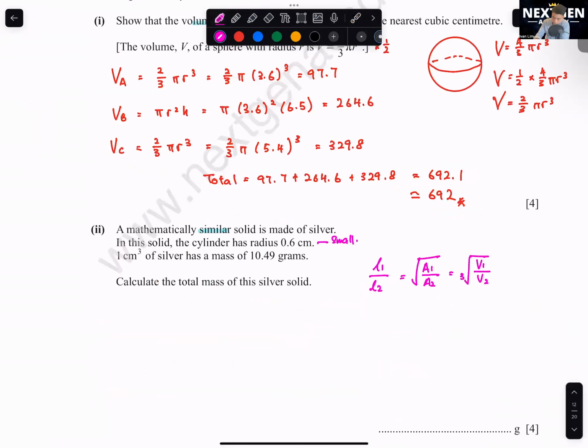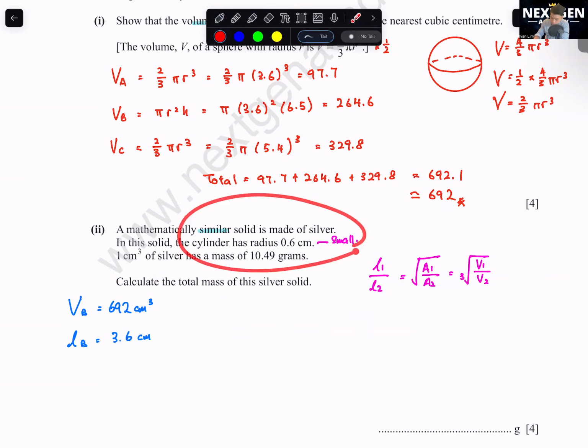Write down this information first: volume of big, VB, equals 692 cm cube. Radius is equivalent to length. The length of the big one equals 3.6 cm. Understand where I am getting this information from? From the previous diagram.